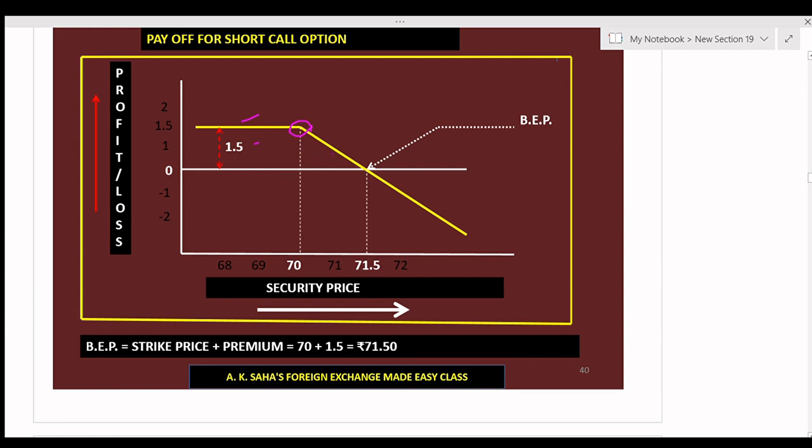And if it increases, then he will incur a loss, and this will be unlimited, and profit will be limited to 1.50, that is the premium received. And the break-even point is 70 plus 1.5 is equal to 71.50.